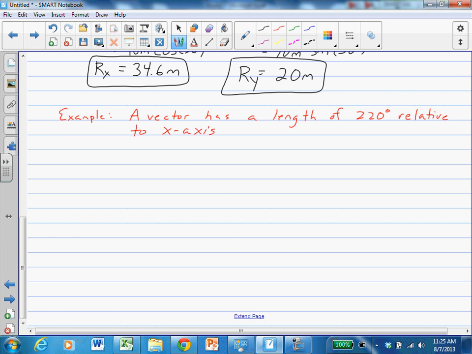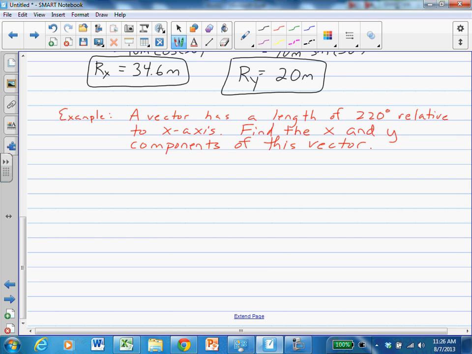Find the x and y components of this vector. Okay, so first let's draw it.